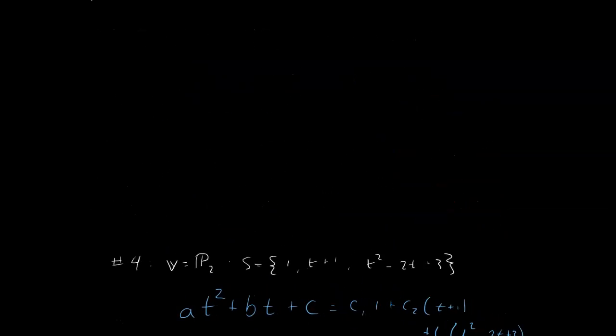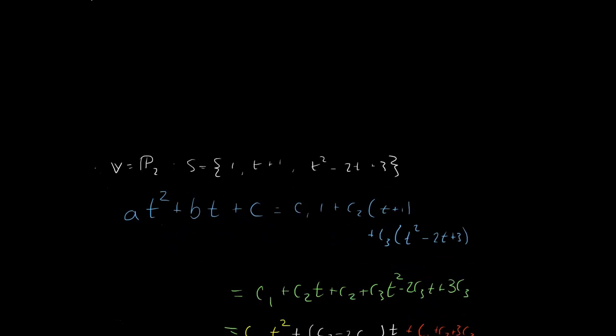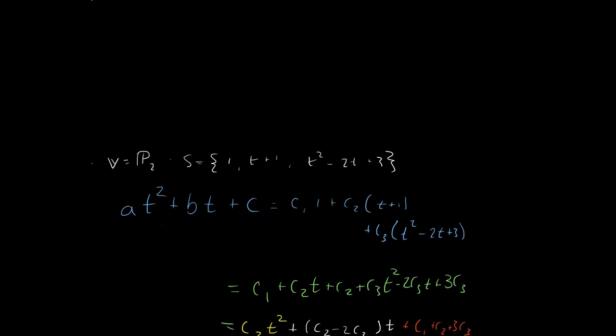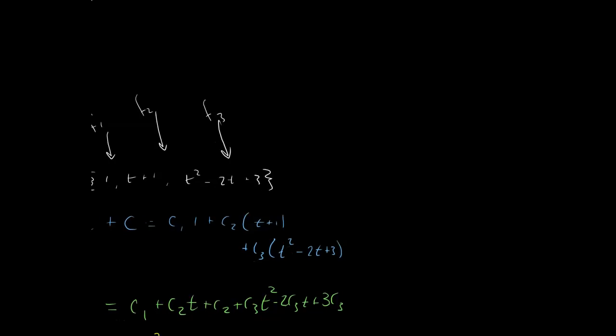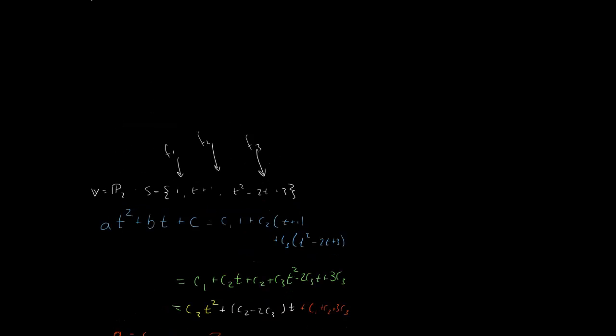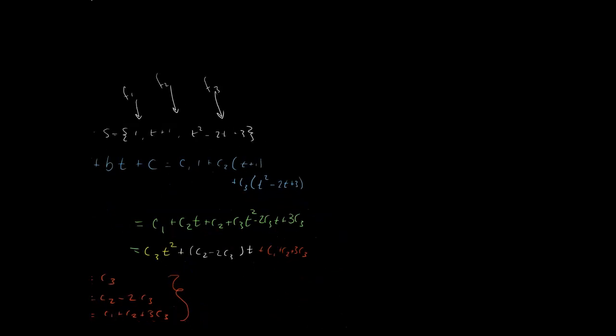So I'm going to come up here. In order to check if these are linearly independent, I'm going to call this first F1, F2, and F3. Maybe I'll zoom out so we can see it while I still have some space. So what I'm going to do is check the Wronskian.